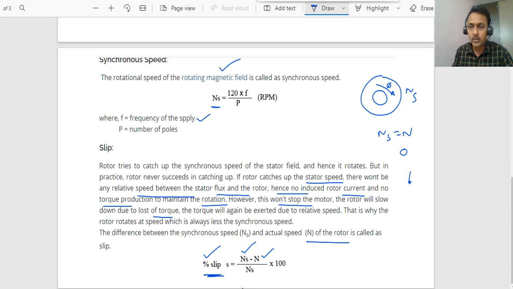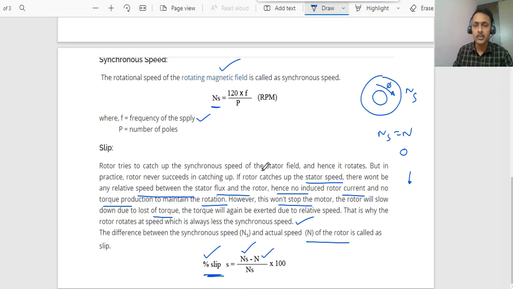Once the rotor has slowed down, again the relative speed is established. Like this it goes on. So this is why the rotor rotates at a speed which is always less than the synchronous speed in the induction motor.